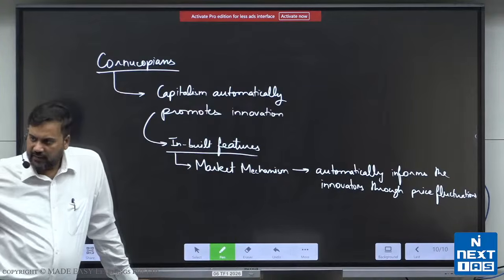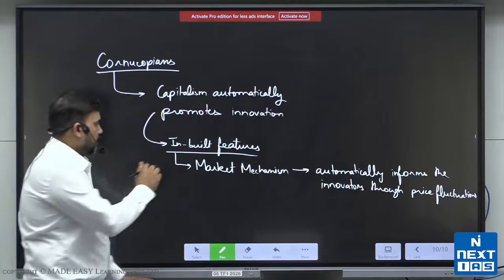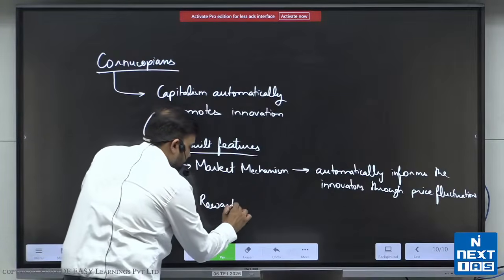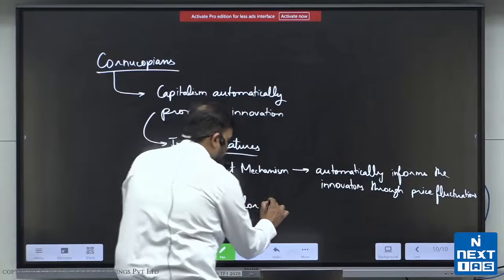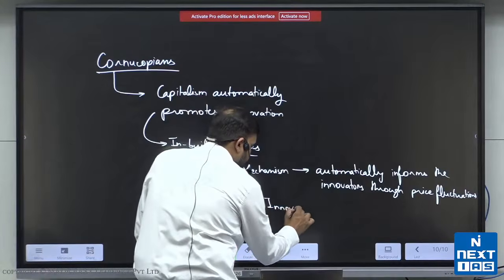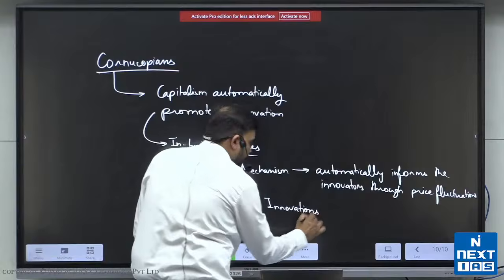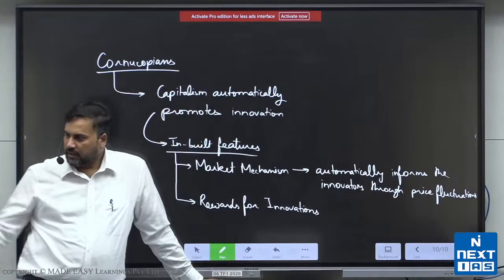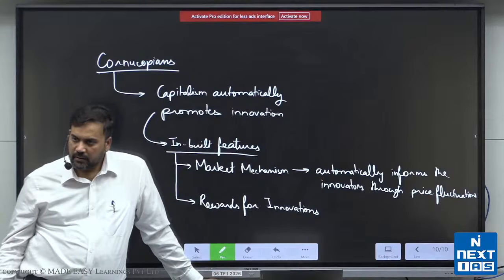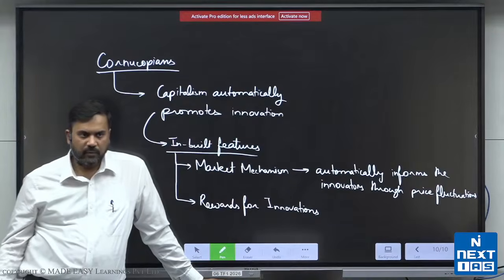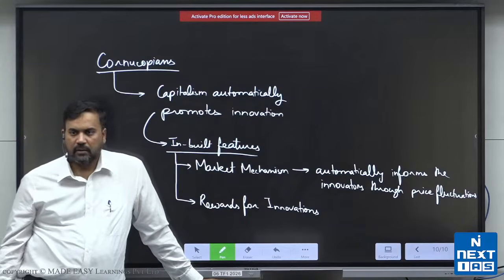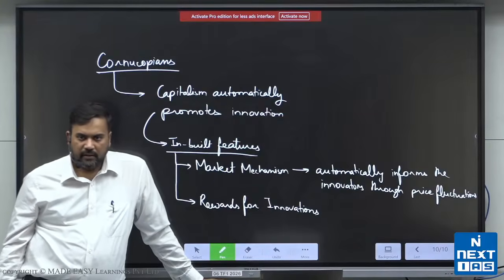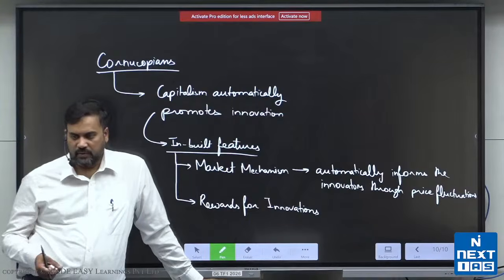Second thing, it has inbuilt rewards for innovations. For example, one inbuilt reward you must be aware of is the patent mechanism. If you can patent some product, can I say I can earn monopoly profits over it? So it has inbuilt mechanisms.